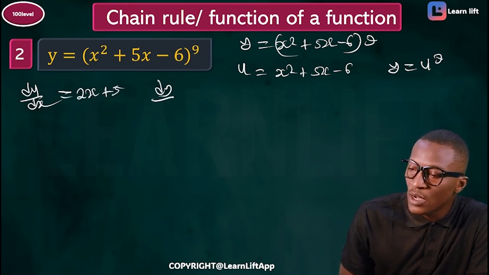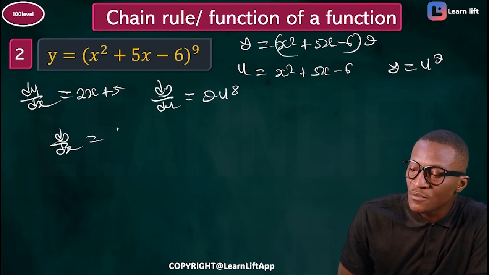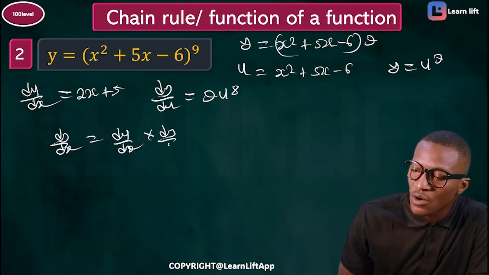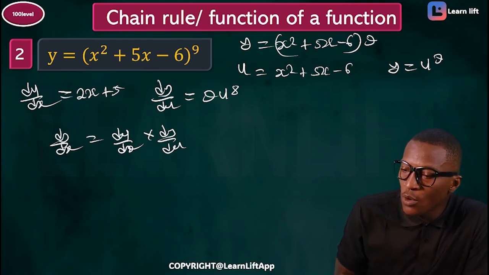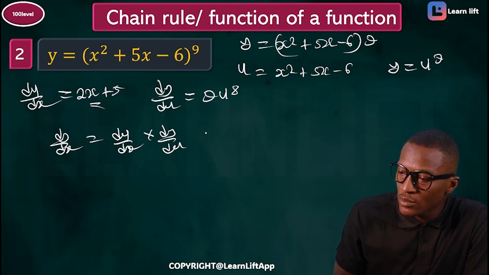Let's find dy over du. dy over du will give me 9u raised to power 8. So what's now dy over dx? dy over dx will give me du over dx times dy over du, so that the u cancels the u, you get that. From here now, what's du over dx? du over dx is this. That's dy over dx.